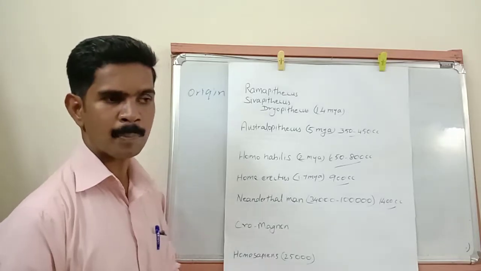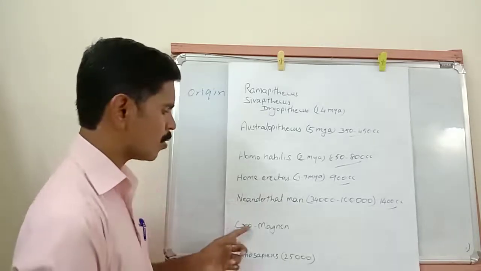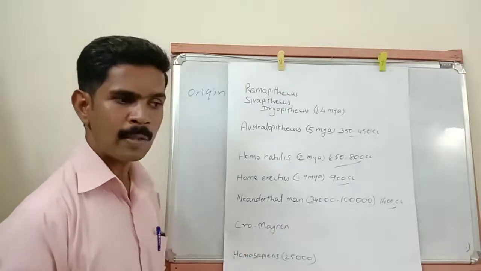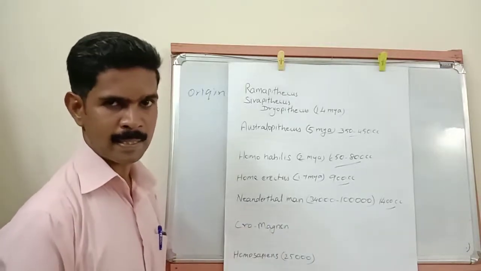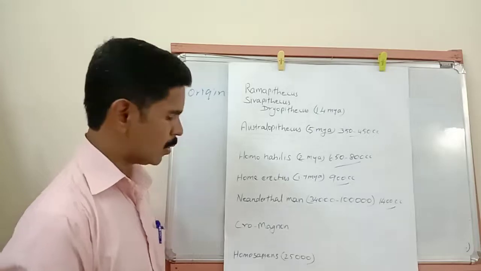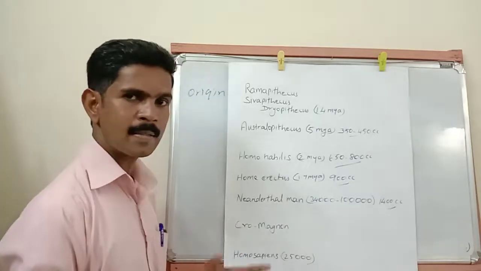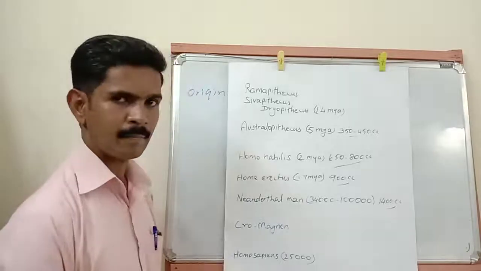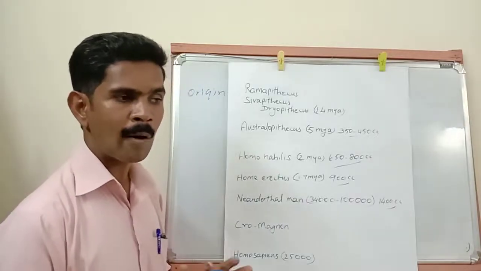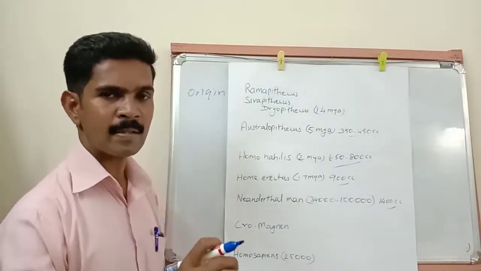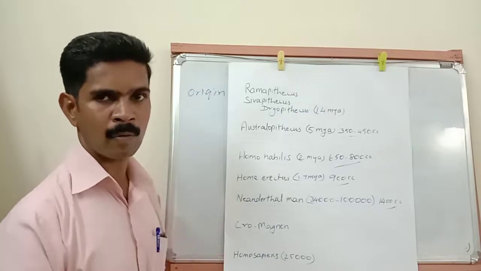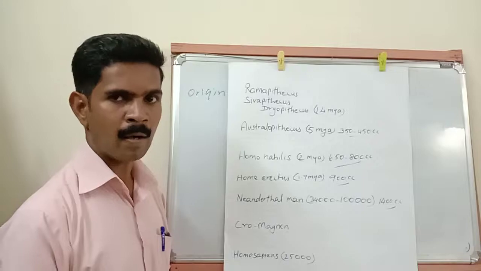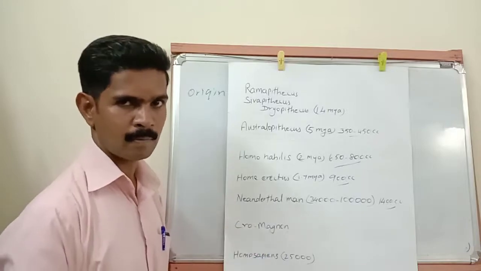Today's European people's ancestor is this Cro-Magnon. They adapted to live in different climatic conditions, and they knew how to draw and paint on the wall and floor. They started to draw some pictures on the walls and floors.